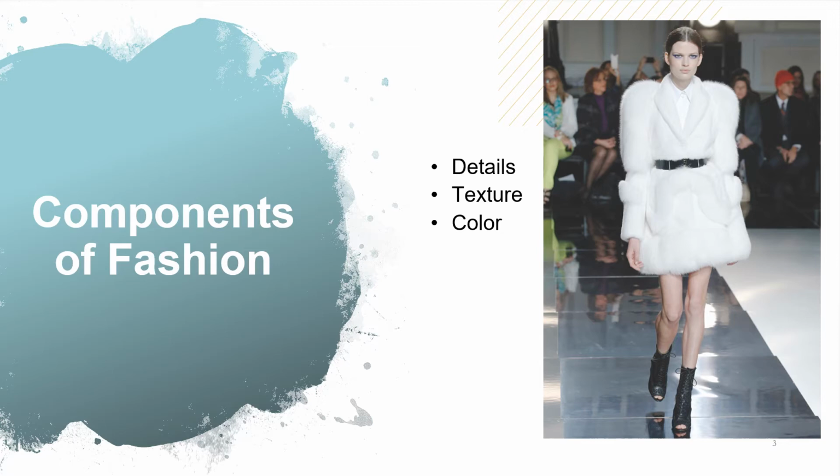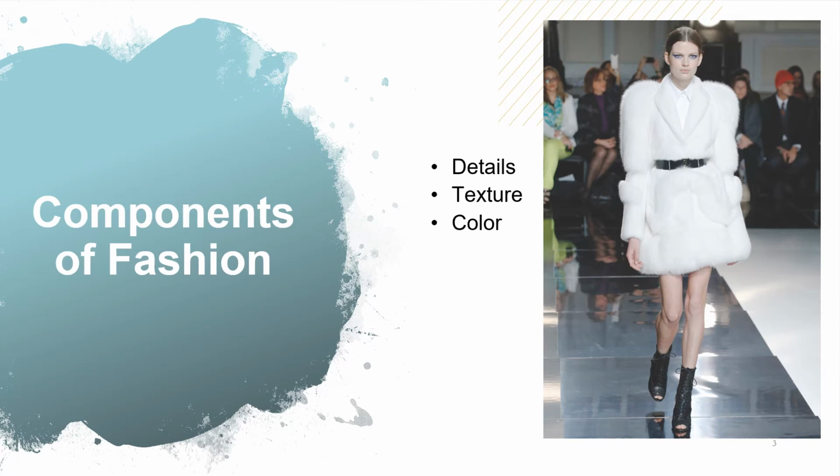And then texture, right? Texture is the look and feel of the garment. Now, I can't touch this garment, but it looks luxurious, right? It looks like it's soft and warm. It looks like if you touched it, it would be calming. Like you want to pet it, right? Like an animal, that it would be calming.